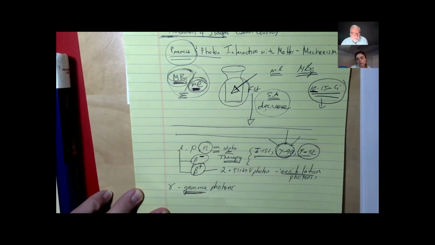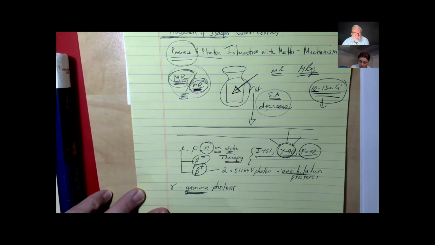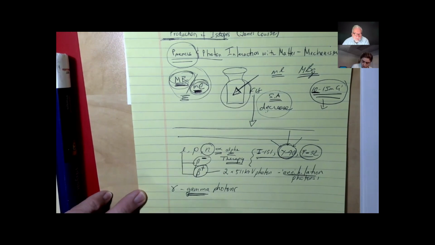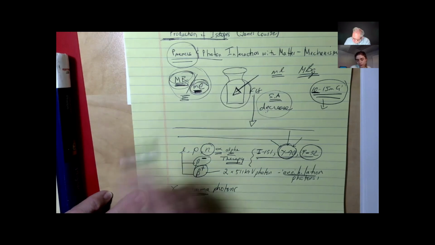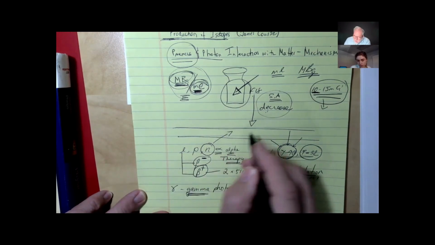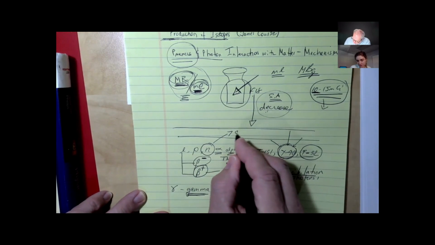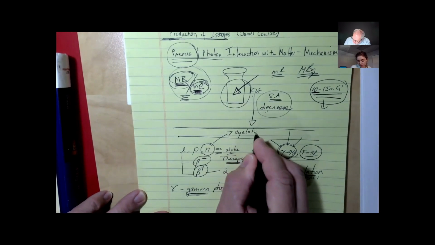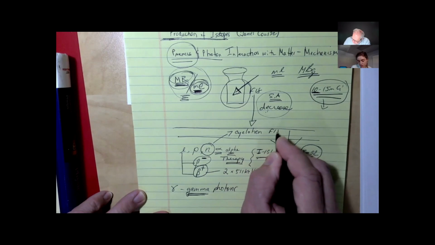Neutrons. Where would we see that? Neutrons are more of a nuisance. We'll see these as byproducts in the cyclotron when we're producing F18.